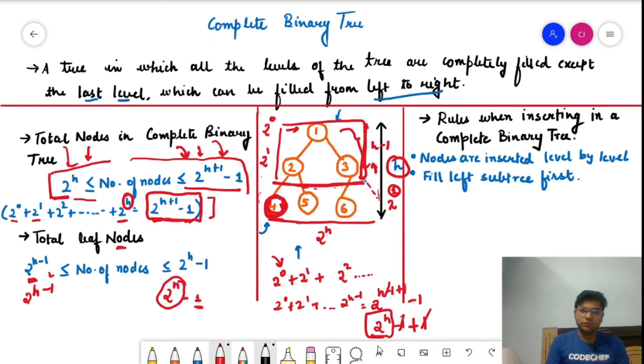Because these nodes are not here, so this node will also be a leaf node. If all the nodes are filled at height h minus 1 and these nodes are not there, the upper nodes will be included in the leaf nodes. Similarly, if I draw this tree, it will be like 1, 2, here 4 and here 3.